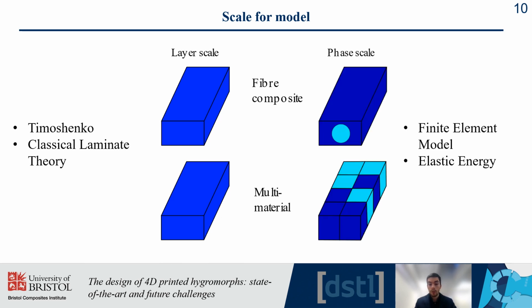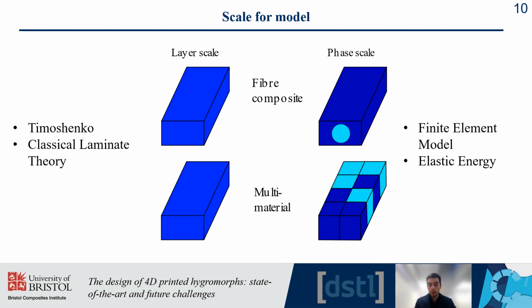The other scale is called the phase scale, which is often connected with finite element models and elastic energy based models. This distinguishes the different materials that we are using as composite materials. In terms of fiber composites, short or long fiber composites, it will usually be an orthotropic filament scale deformation model which is implemented.